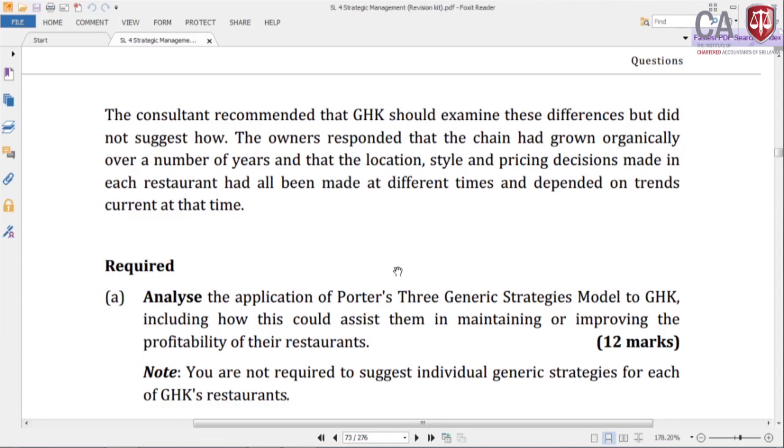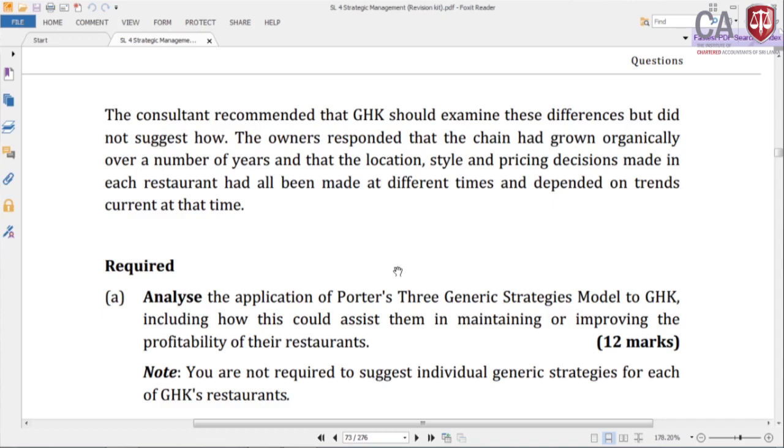The owner responds that the chain had grown organically over a number of years, and that the location, style and pricing decisions made in each restaurant had all been made at different times and dependent on trends current at that time. Then we will try to analyze this.